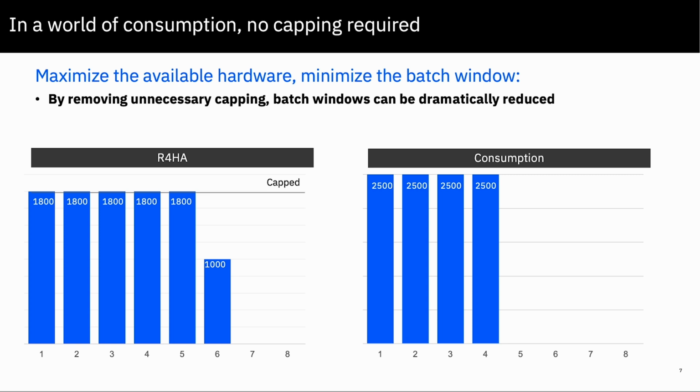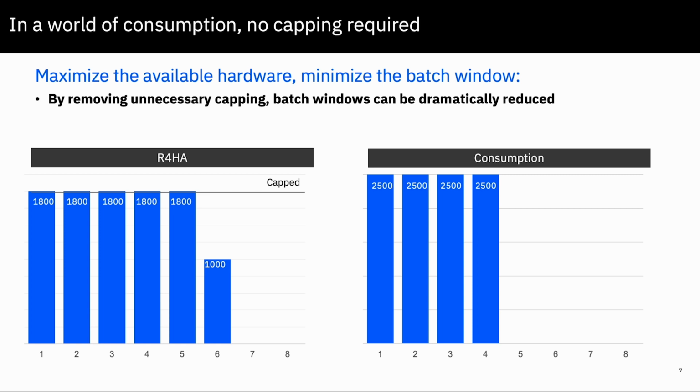So while they still have hardware available, it's capped, such that processing doesn't go above the capped line, protecting the billing. In this example, the machine is a 2500 MSU machine, but capped at 1800 MSUs. So the 10,000 MSUs batch workload takes 5.5 hours to complete.